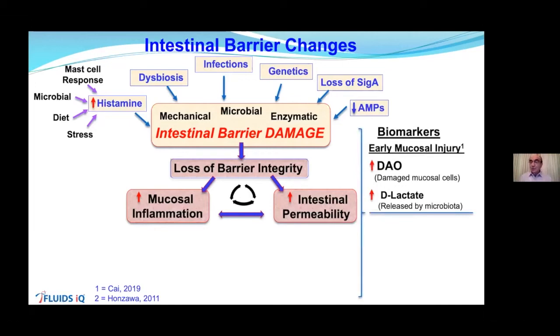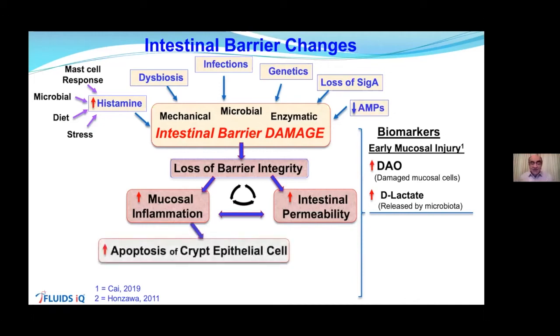And so with early mucosal injury, you would expect an increase in diamine oxidase. Why? Because there is damage to the mucosal cells, and so they begin to create a flood of these particular entities as part of the inflammatory reaction. But if it goes on long enough, you begin to get an increase in apoptosis.